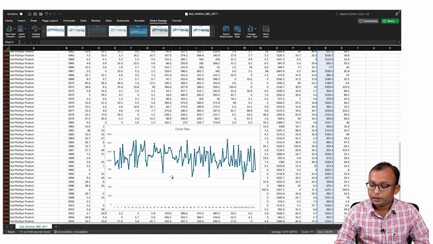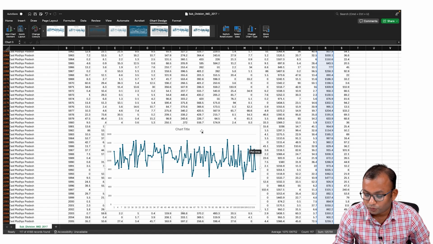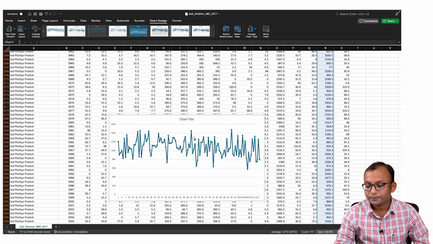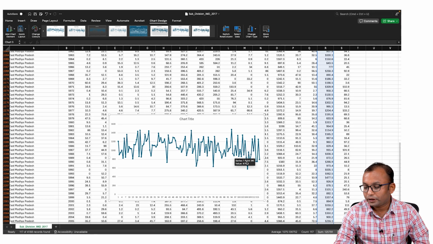And there are several years where we have received a very low amount of rainfall during monsoon months. So, this is the figure which shows the monsoonal fluctuation of East Madhya Pradesh region. You can also see that there is a higher variability during the past 10-15 years. Very low and very high amounts of rainfall happened in the past 10-15 years in East Madhya Pradesh.